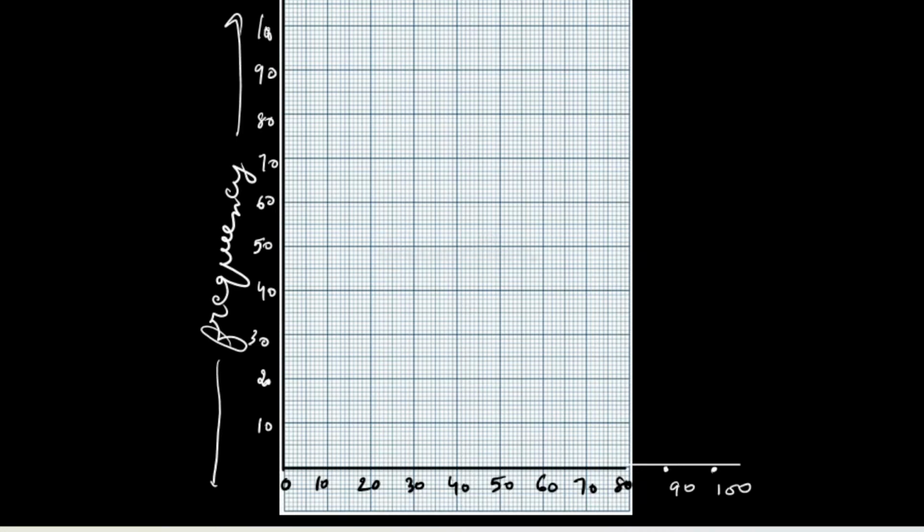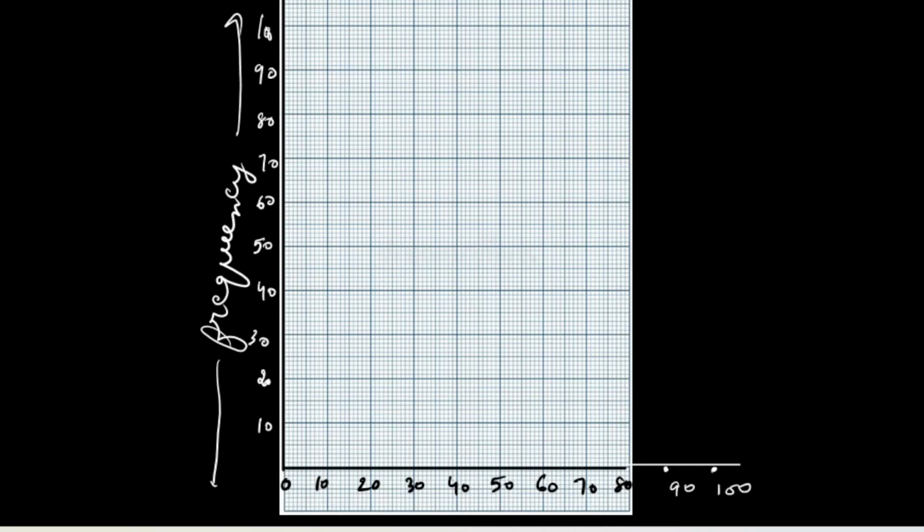So I have written frequencies along the y-axis and class intervals along the x-axis. Class intervals as it is you have to write. Whatever numbers they have given, 10 to 20, 30, 40, they have given. Don't write it two times. So 0 to 10, 10 to 20, 20 to 30, 30 to 40. Like this you can write.